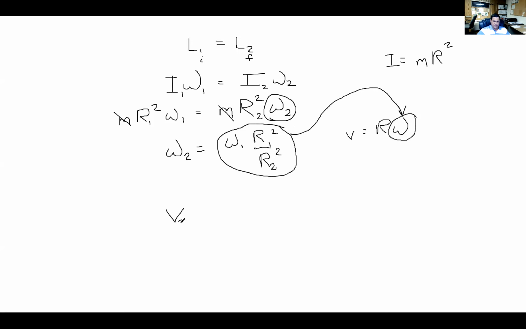So my linear velocity at 2 is going to be my radius at 2 times this whole thing, angular velocity at 1, radius 1 squared divided by radius 2 squared. Well, that's handy. One of these radii will cancel.